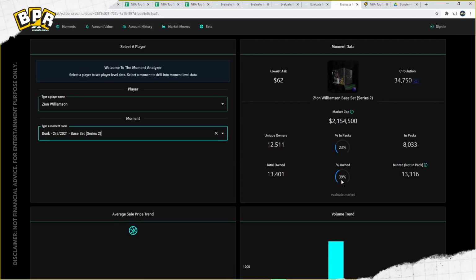Yep. So you see just 39% is owned. There's still a lot in packs that haven't been distributed yet. So this could be part of the Cool Cats drop, or it can be part of other special sets, or just regular common base set pack drops, right? And there's still 13,000 left.